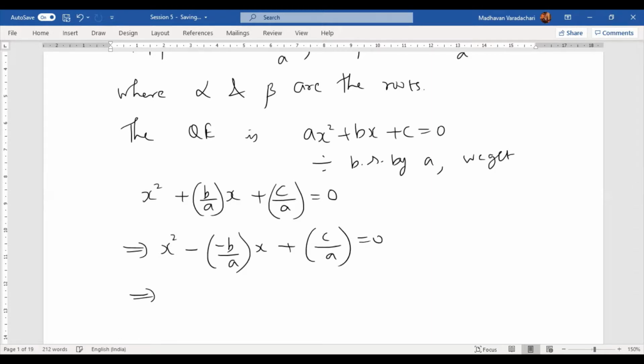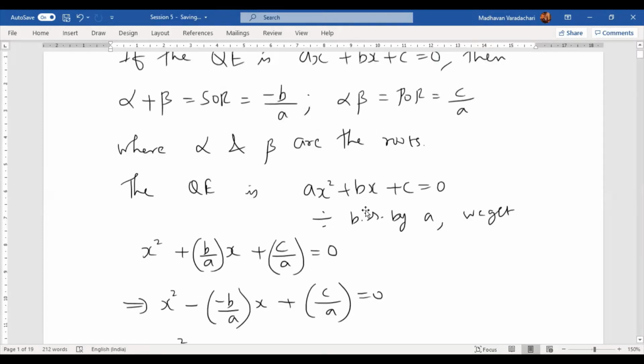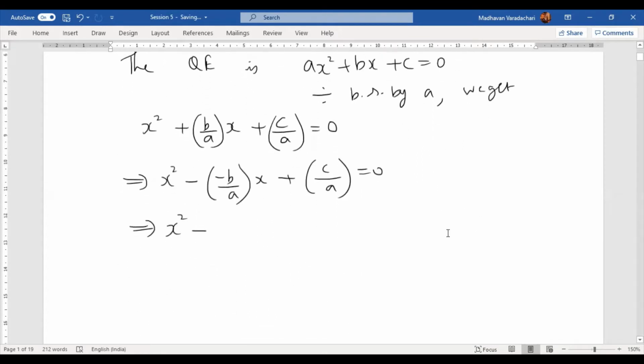So I can now write this as x square minus the sum of the roots times x plus, c by a being the product of the roots, equal to 0. This means if I know the roots, I can simply add those roots, write it here, put a negative sign, then multiply those two roots and write that here. This will be our desired quadratic equation.